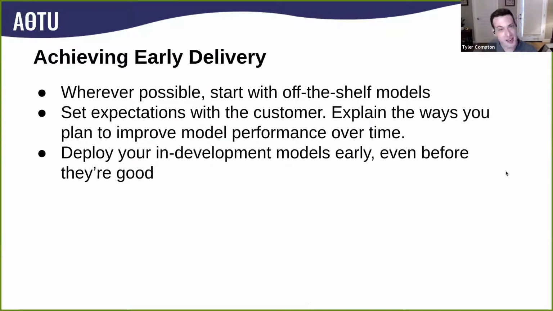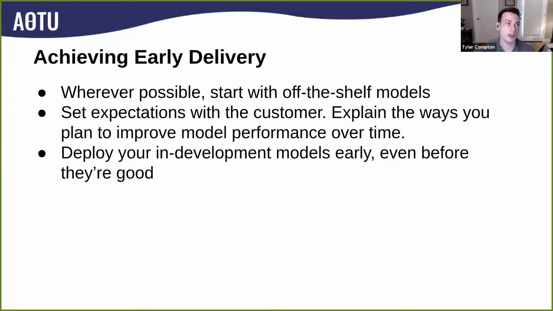So we've identified the problem here, and it's a big one. You want to be able to develop in an agile way, but if your technology prevents you from doing that, that really restricts your ability to fit a customer's needs. So let's talk about the solutions we've identified. Regarding early delivery, when you're first starting on a new machine learning application, start with off-the-shelf models whenever you can.